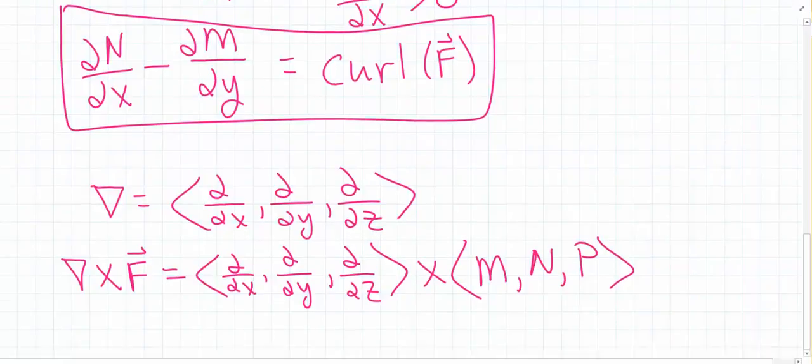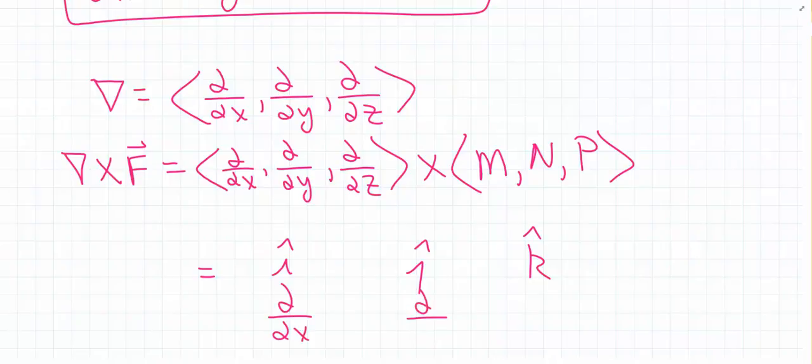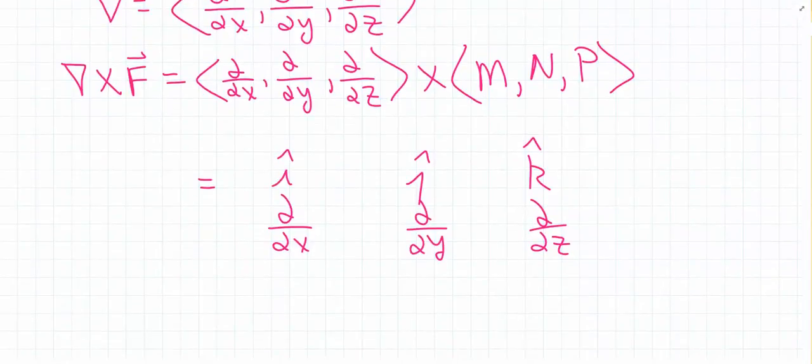And here's how we're going to proceed. We'll say this is equal to i, j, k, and we have our partials. Now remember, this is the operator, and we're applying these to this vector field, so we have m, n, and p.